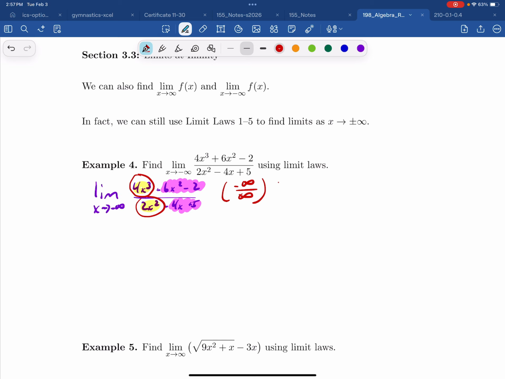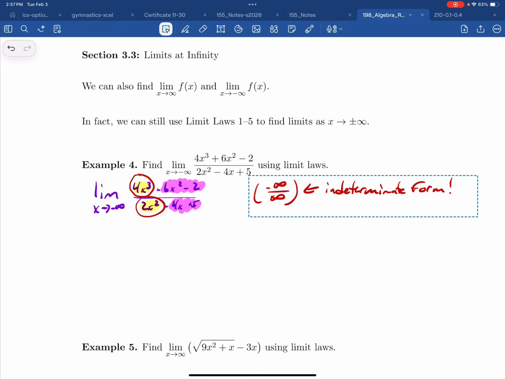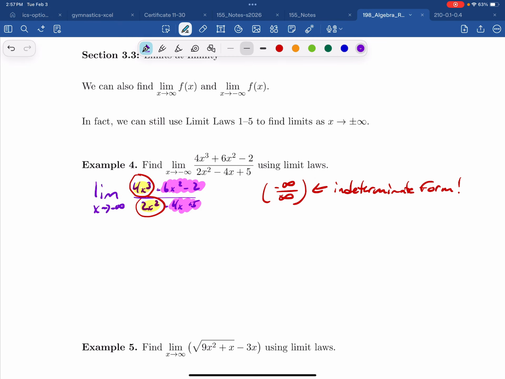Okay, so this is yet another indeterminate form, right? A little different from what we're used to seeing. So we have to approach it a little bit differently. What we're going to do in this case is use limit laws. Remember, I said they would help us with limits at infinity. Here we go.